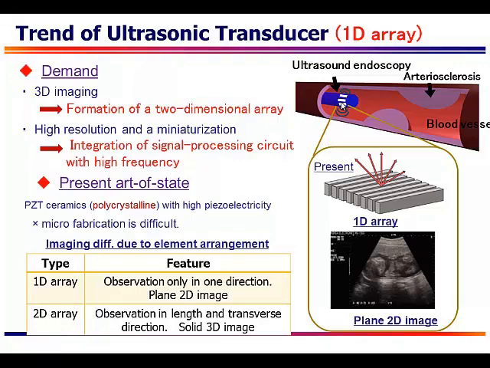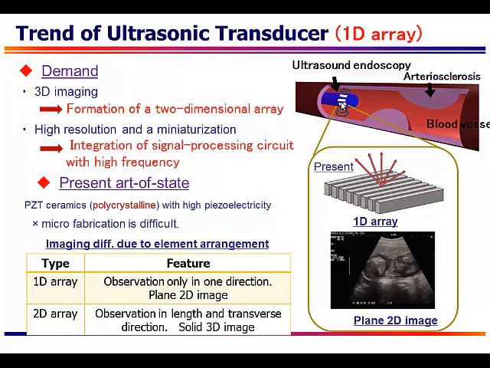For 3D imaging you need the two-dimensional array, and for high resolution and miniaturization, there's a problem for the 1D. So you cannot use the piezoelectric bulk ceramics for your high density and high resolution application.